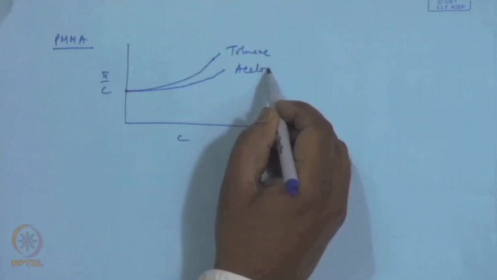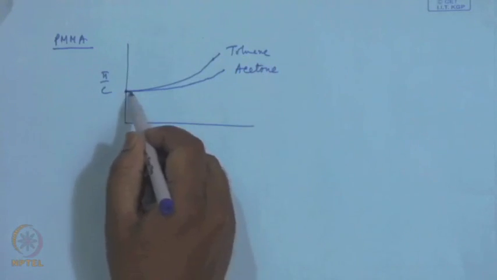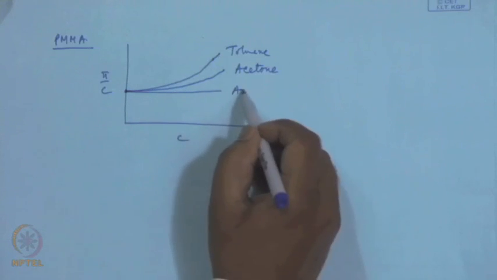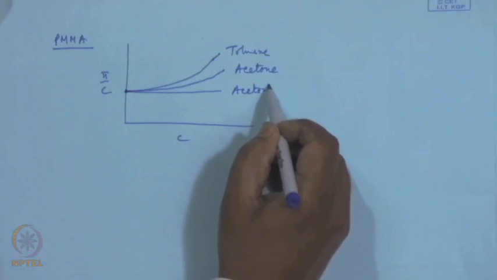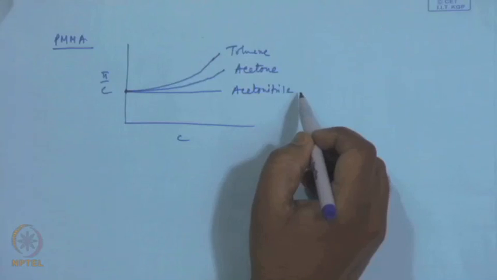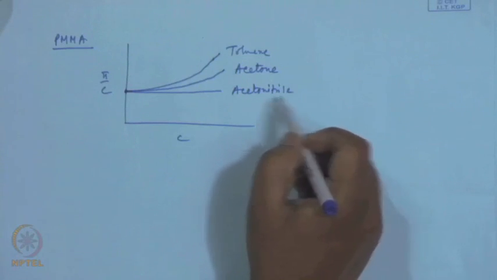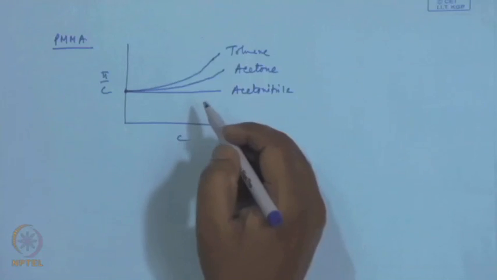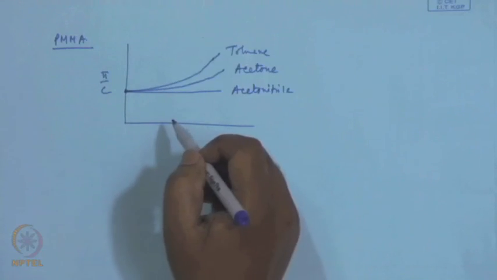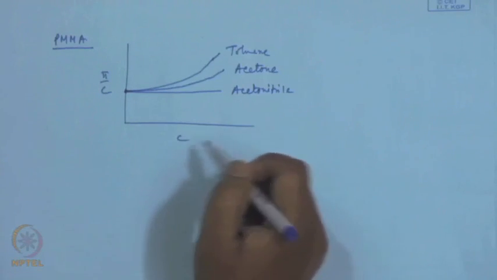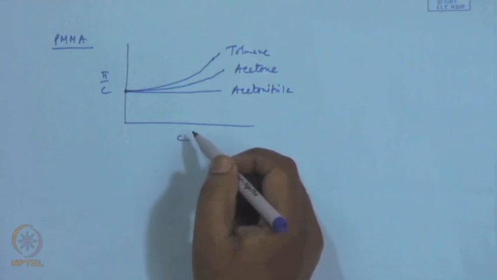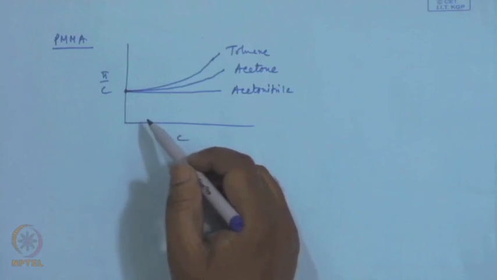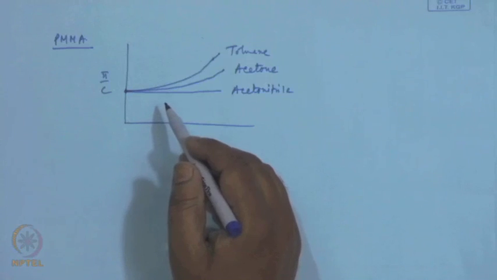This is what happens for acetone, and acetonitrile is a theta solvent at this temperature for PMMA, which means pi by C is independent of the concentration of the solution. So, in this way we can get the number average molecular weight.